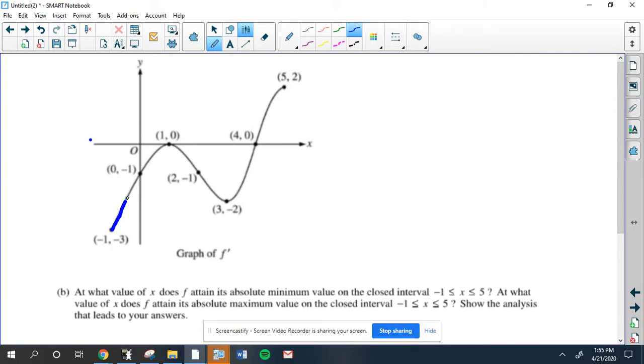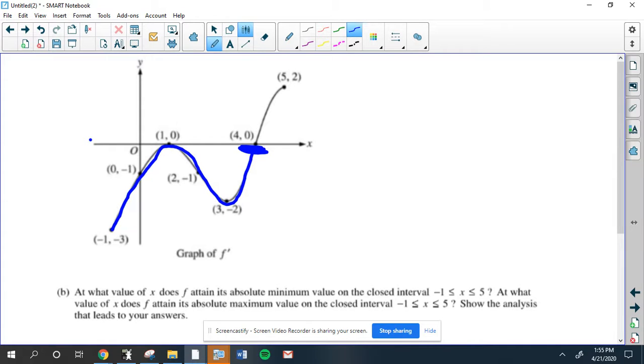And it doesn't really matter where it starts, it's just decreasing from where it starts. And then here it gets to 0, a critical number, but it doesn't change signs, it stays negative. So the function is still decreasing. As long as the derivative graph is below the x-axis, it's decreasing because that means the derivative is always negative.